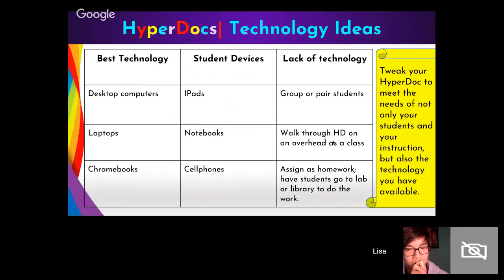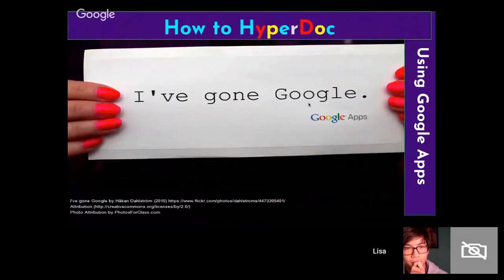Another thing, you should walk through a Hyperdoc with a class if it's the first time that they're doing it. Like do a Hyperdoc together. That's a really good idea. I absolutely agree. And actually, a side note on that also is, I know that I've taught different levels, so sometimes I teach higher readers versus lower readers.